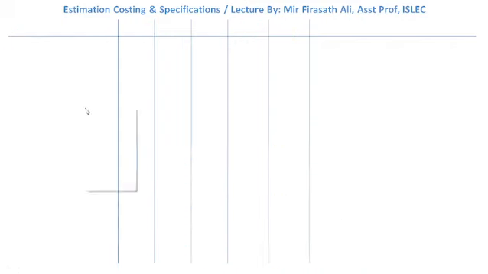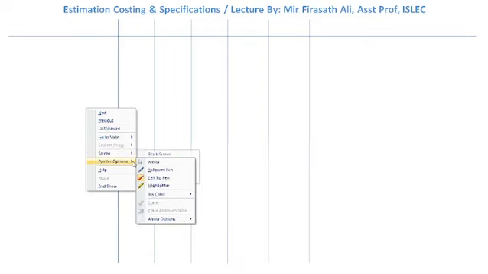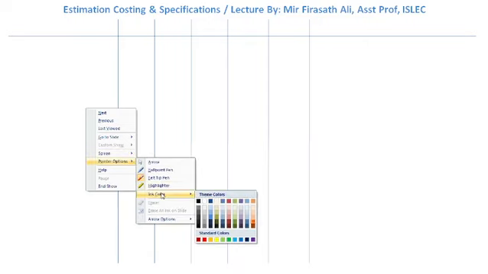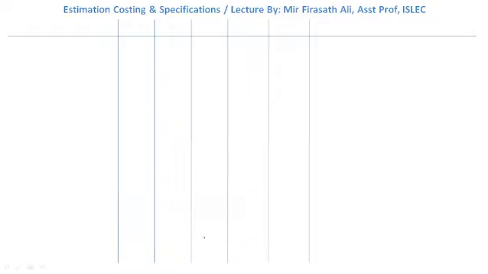After determining this, our next, fourth step is to find out the quantity of DPC, which is damp proof course. Once again, write all these things: particulars, numbers, length, breadth, height or depth, quantity, remarks.